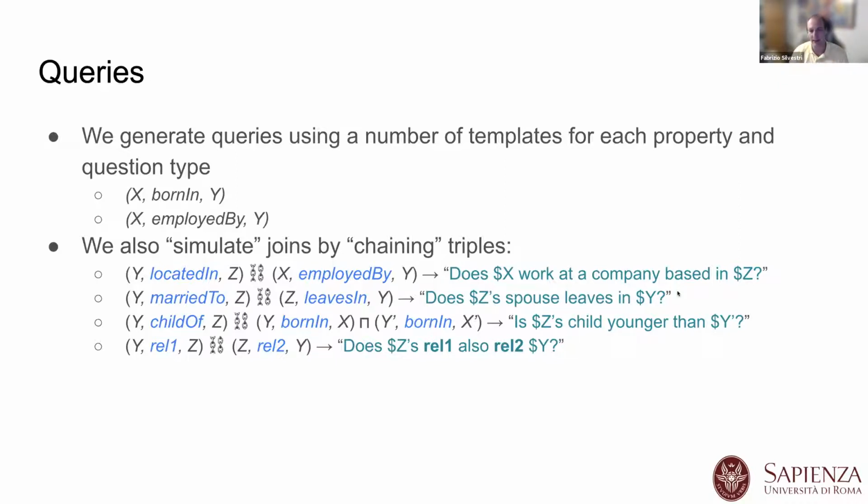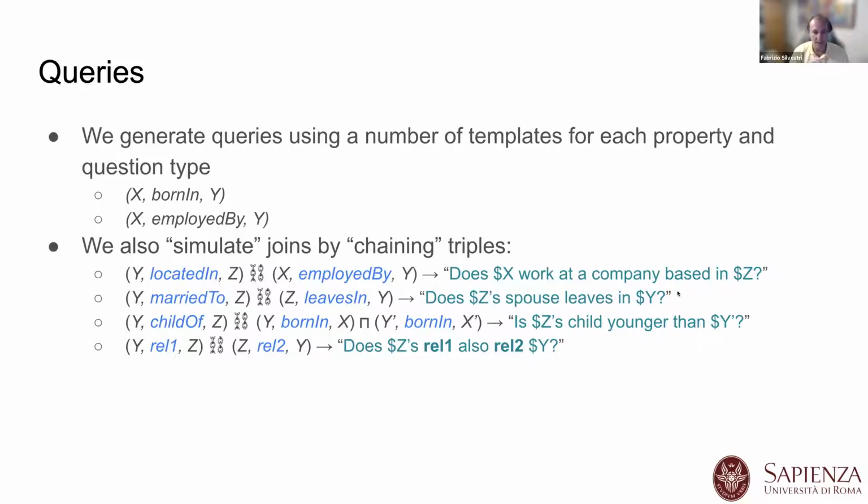But as you can imagine, we wanted to generate also join queries, and we did that by chaining triples. So if we have Y located in Z and X employed by Y, we generate the query, does X work at a company based in Z?